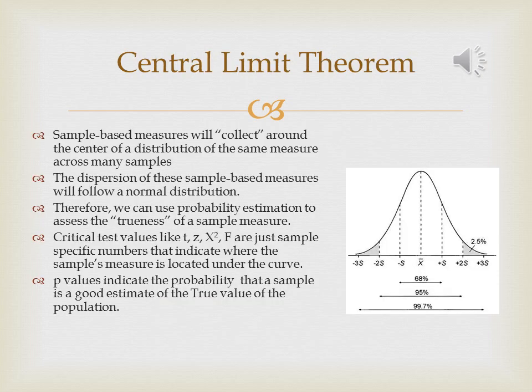Now, once we have these critical values, these t critical values or these z critical values or a chi-square value, the next thing that happens is we need to connect it to the idea or the understanding of the central limit theorem. Now you remember from earlier learning that the central limit theorem says that as we take samples, those sample-based measures are going to collect around the center of a distribution of the same measure across many samples.